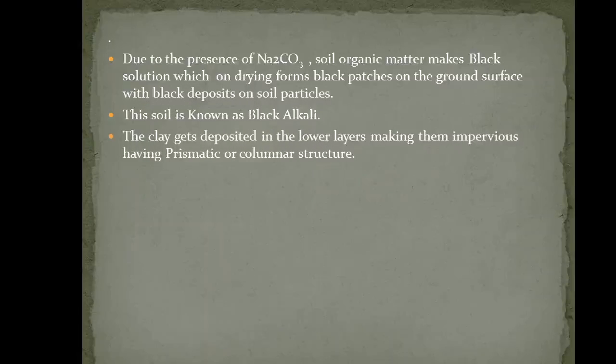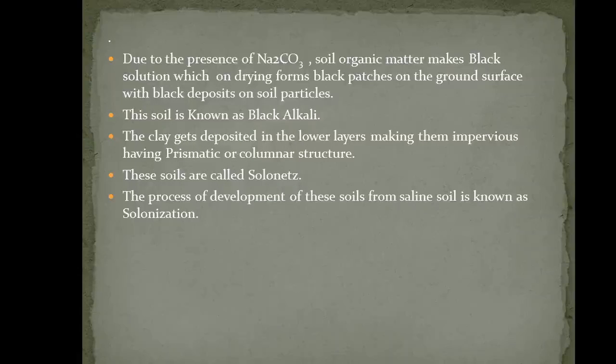The clay gets deposited in the lower layer, making them impervious, having prismatic or columnar structure. These soils are called solons. The process of development of these soils from the saline soil is known as salinization.